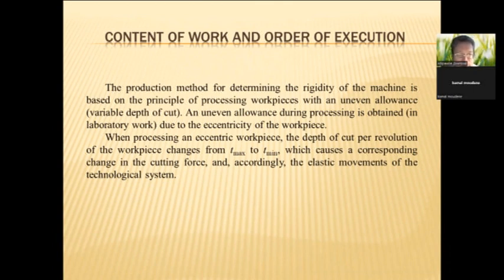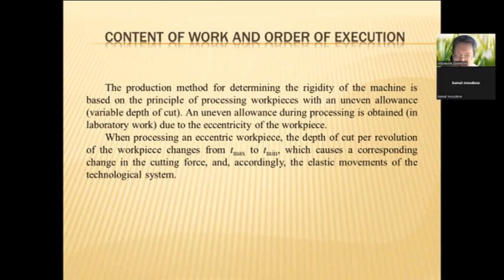The production method for determining the rigidity of the machine is based on the principle of processing workpieces with an uneven allowance, a variable depth of cut. An uneven allowance during processing is obtained in laboratory work due to the eccentricity of the workpiece.